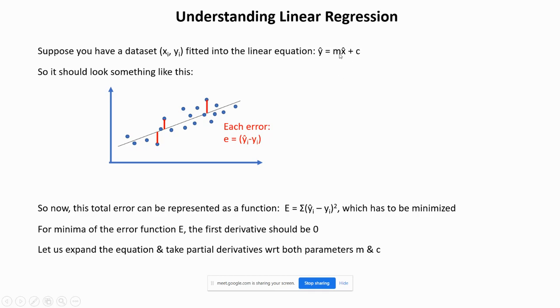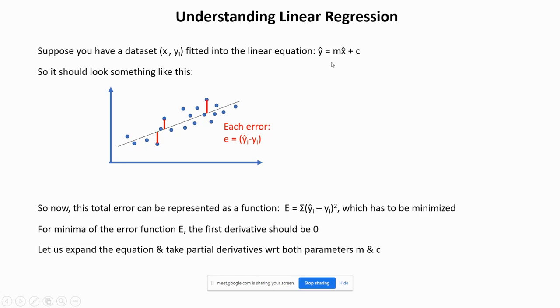So for a cubic polynomial, I had said n, right? Should be n plus 1. So for a cubic polynomial, you have n plus 1, that is 4 variables to find out, m1, m2, m3 and c. And for those 4 variables, you need at least 4 equations to solve that.